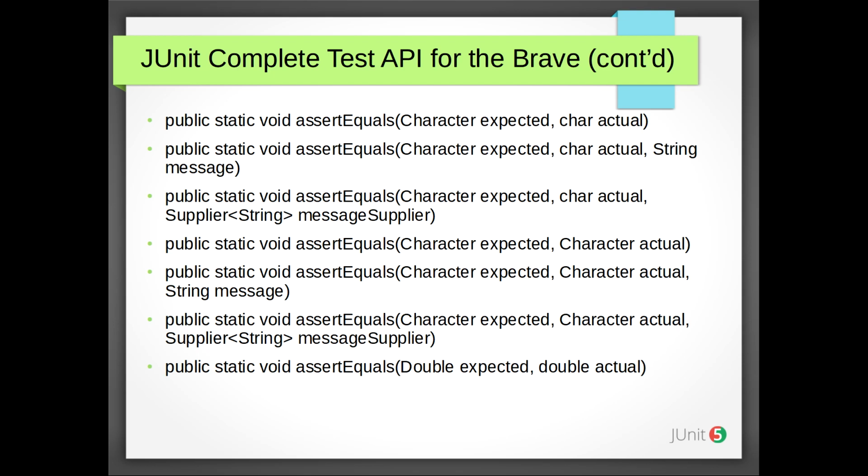AssertEquals, now we're on to character data, then to double data. We've gone through some data types already, so we are well into assertEquals methods, although I would imagine there are quite a few slides that remain.